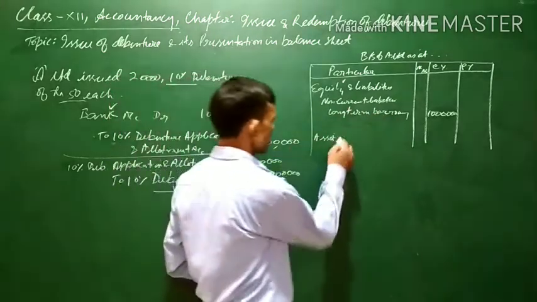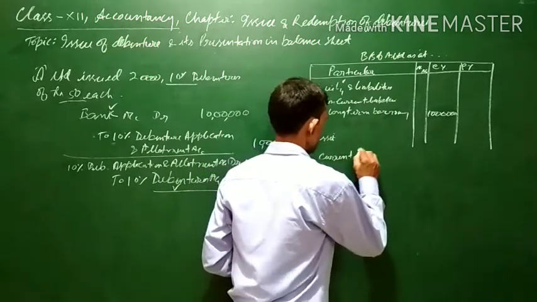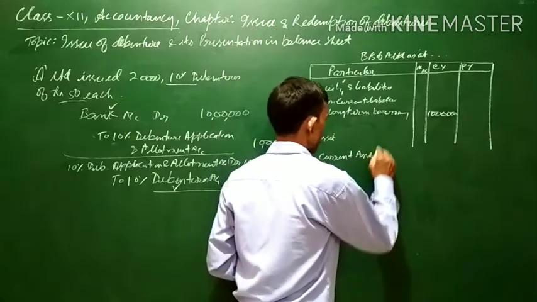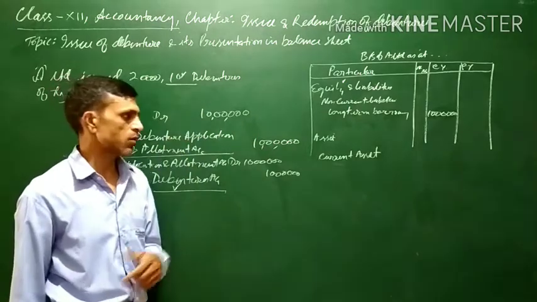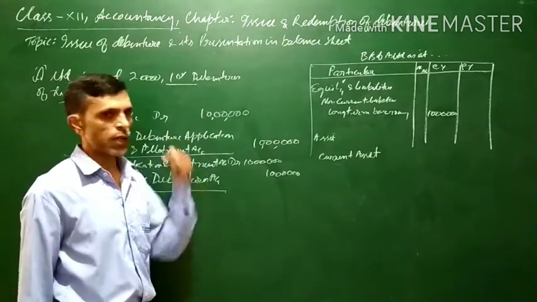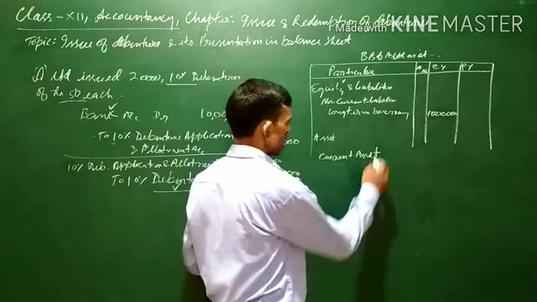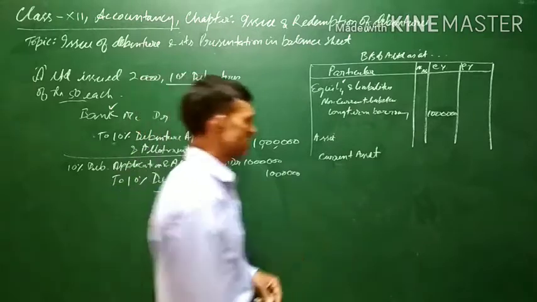Now under assets, current assets: under current assets, the cash at bank, the amount which we have received on issue of debenture, will remain in the bank account and will form part of cash and cash equivalents, and cash and cash equivalents is part of current assets also.